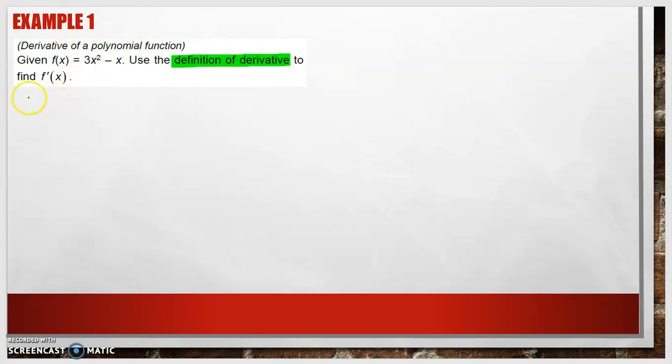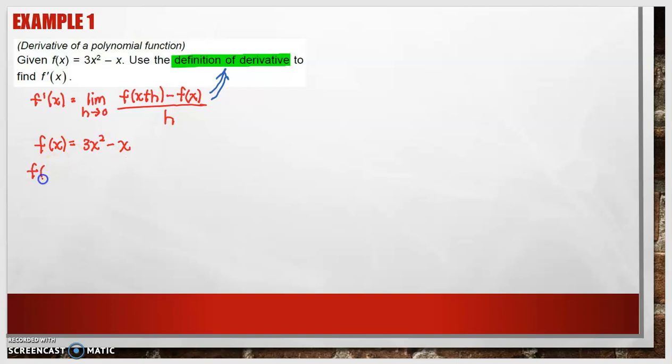So the formula that we're going to use is f prime x equals the limit as h approaches 0 of f(x plus h) minus f(x) over h. We only use this formula when the question mentions the definition of derivative. Now f(x) is equal to 3x squared minus x.